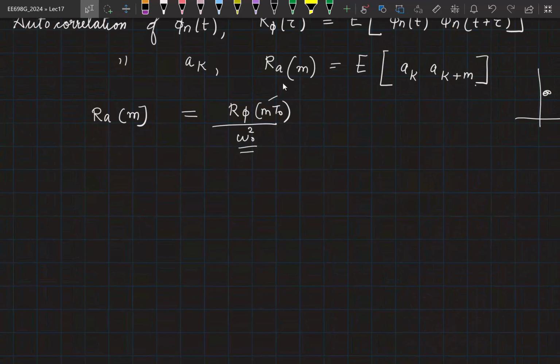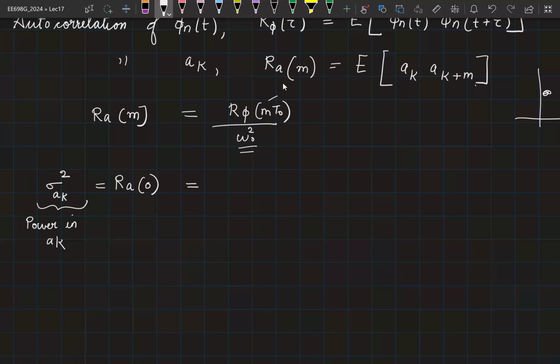Okay. Now, if I write the expression RA of 0, what does that mean? Power of the jitter sequence, right? So this is the power of the jitter sequence. In other words, if it was a zero mean sequence, I can write it like this, right? So this is the power in AK.